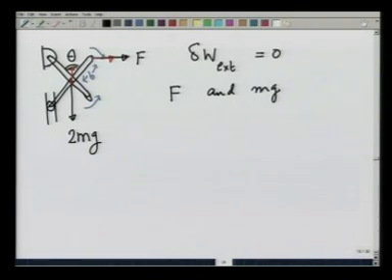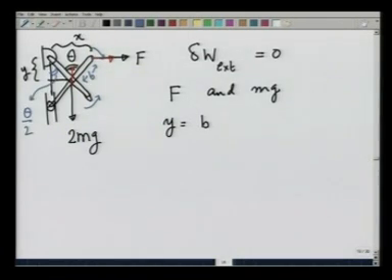So, this distance here is nothing but, let us call this y, and let this distance from here to here be x. Then you see that y is equal to b. Okay, let me show this angle here. This angle is going to be theta by 2.